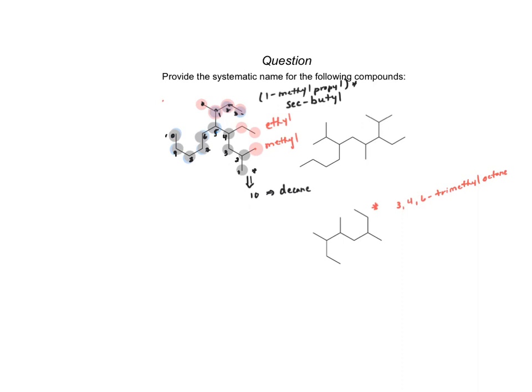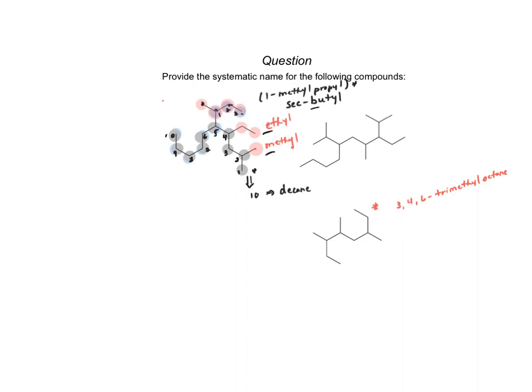Okay, so a couple things to note. We have an ethyl group, we have a methyl group, and then we have a sec-butyl group. And when we alphabetize, we don't use the sec because it's utilized with a hyphen. Instead, we'll use the B to alphabetize.